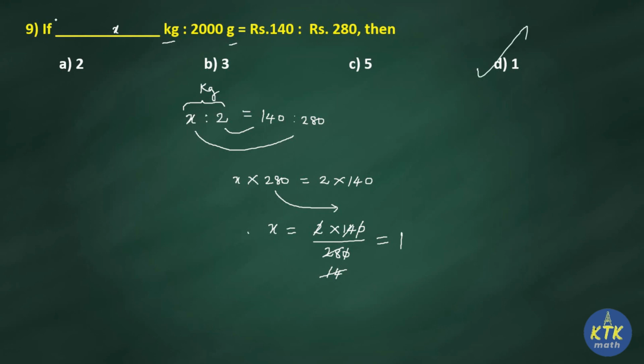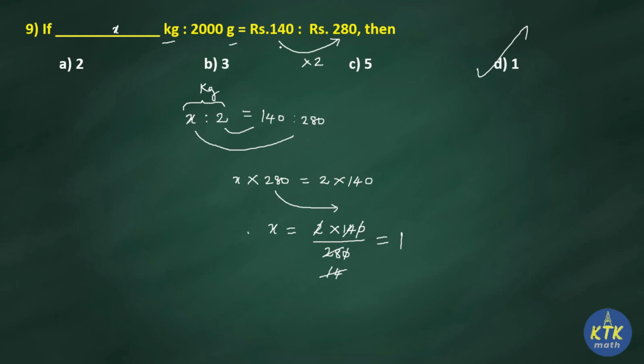So 1 kilogram is to 2000 gram is nothing but what? 140 is to 280. So without using this method, I'll tell you one shortcut method how to find this by just looking at the question itself. Okay, you just try to compare 140 and 280. 140 and 280 is exactly nothing but 2 times.